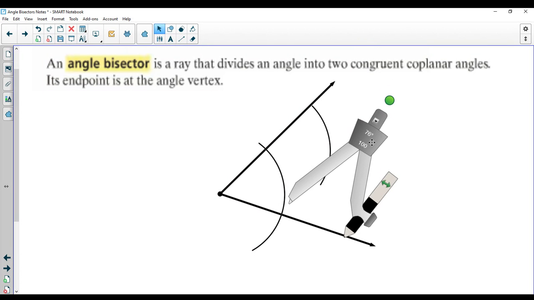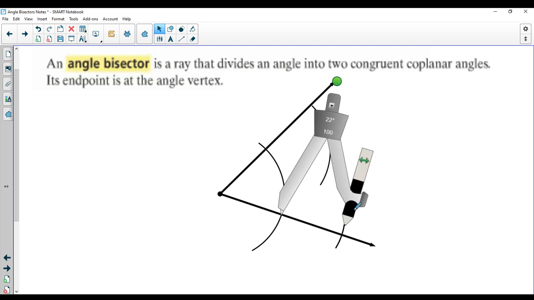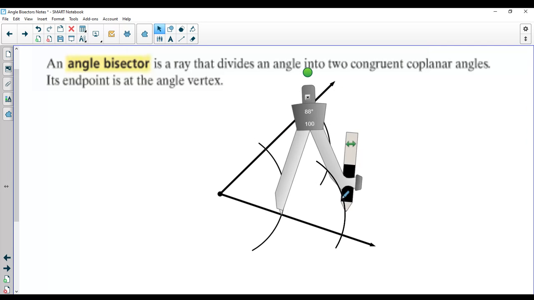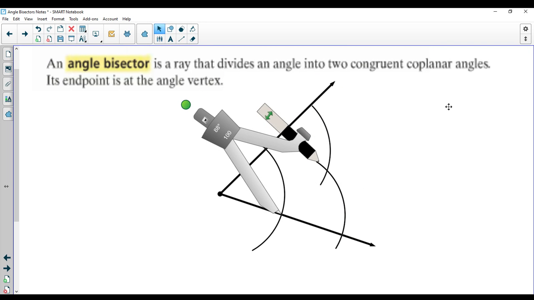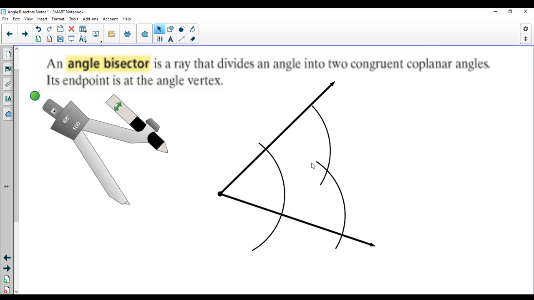Okay, then I'm going to move it down to the other intersection mark and then draw another arc. Okay, and I'm going to scoot this out of the way. So the goal is we're trying to bisect this angle. Now bisect means to cut it in half, basically. Okay, so we're taking this entire angle's measure and we're cutting it in half. And this compass is helping us to do that.